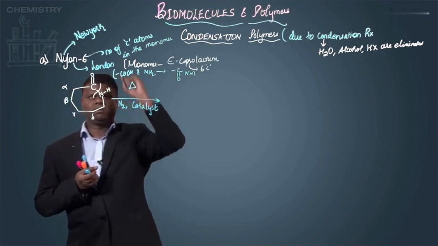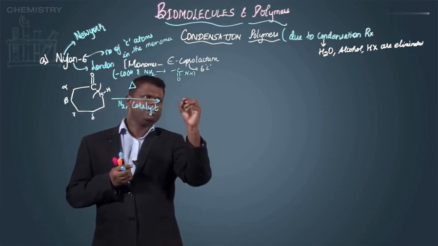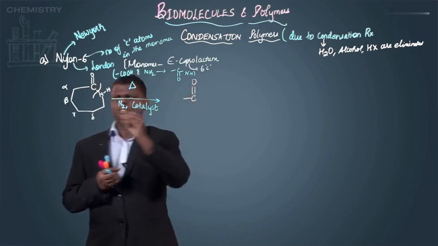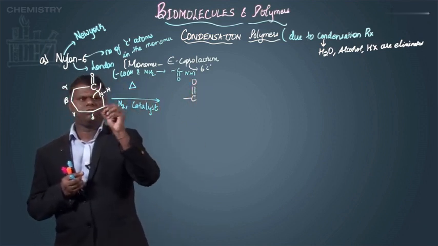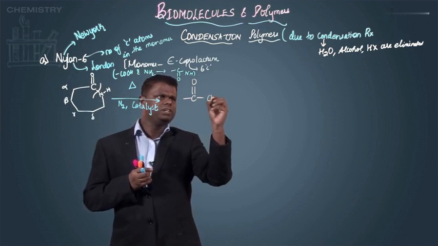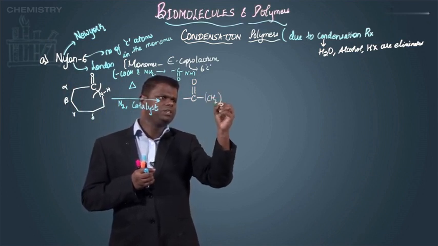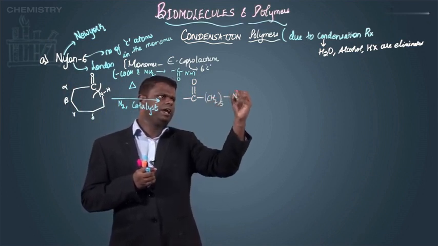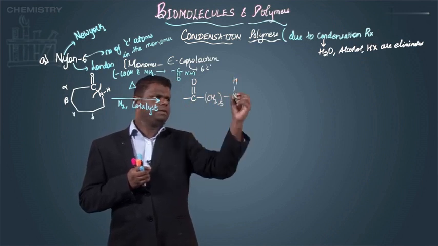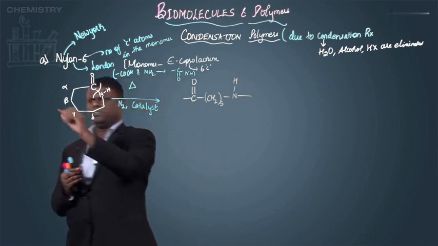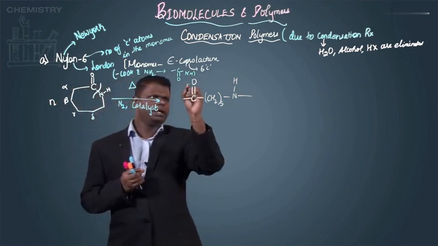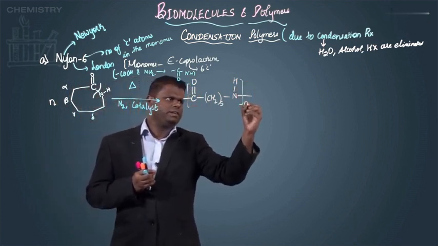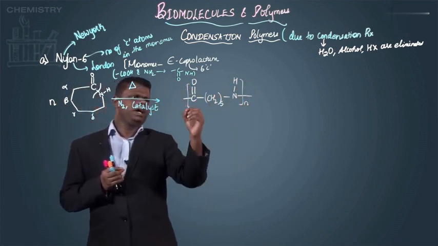The bond gets cleaved from here, and then you have C double bond O, connected to CH2 five times, and then you have NH. This is the polymer. If you start with n such molecules, you will get a polymer containing n units. So this is nothing but nylon 6.